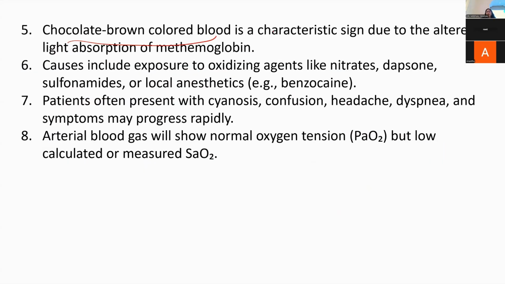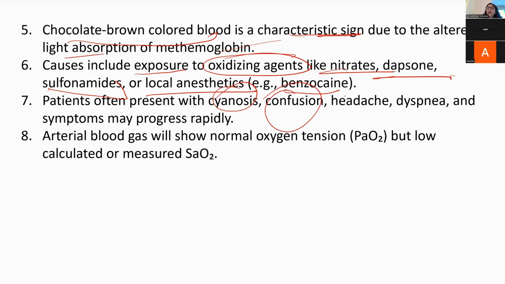Chocolate brown color of the blood is a characteristic sign because of the altered light absorption. Causes include exposure to oxidizing agents like nitrates, dapsone, sulfonamides, or local anesthetics like benzocaine. Patient often presents with cyanosis, confusion, headache, dyspnea, and symptoms may progress rapidly.